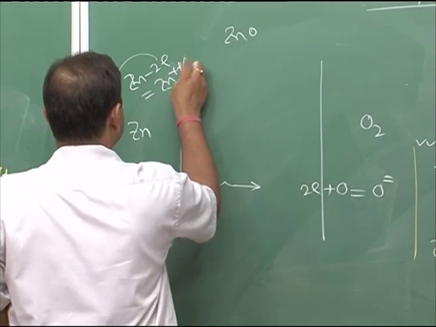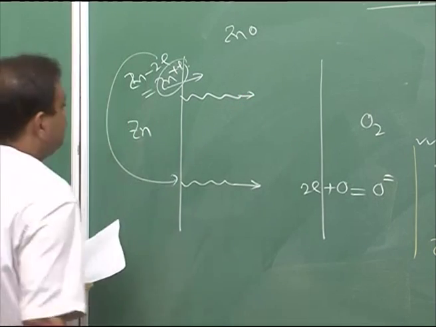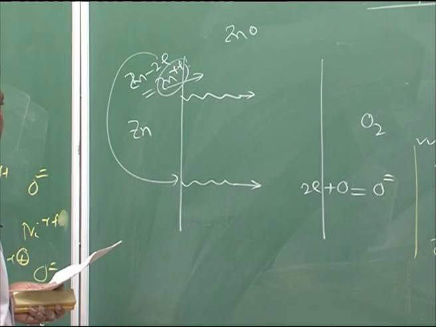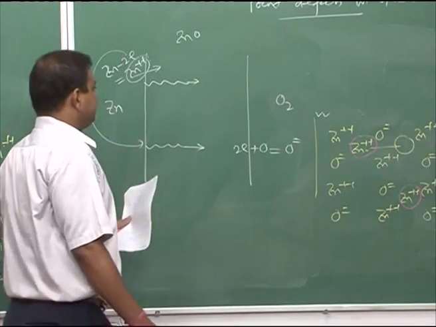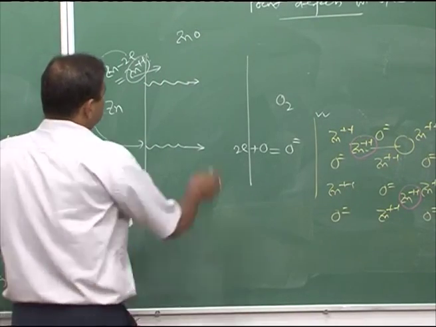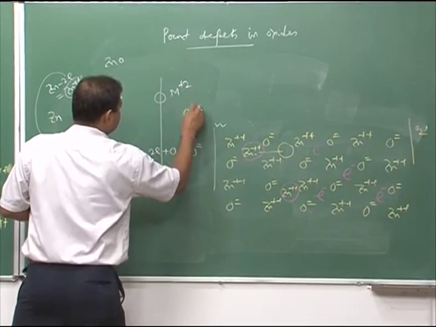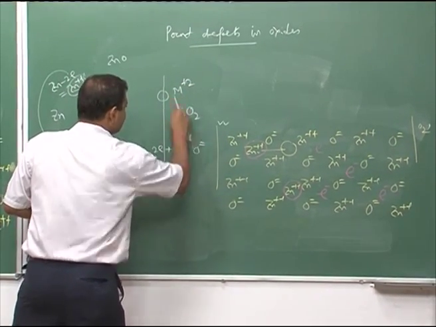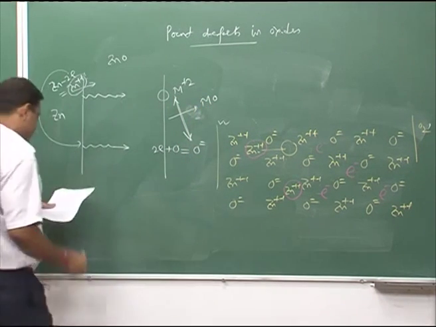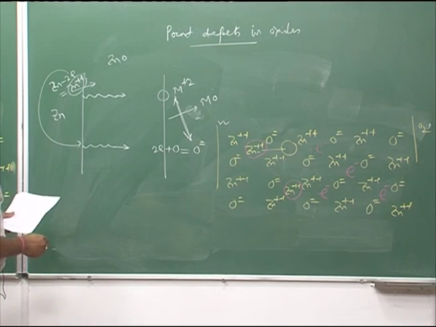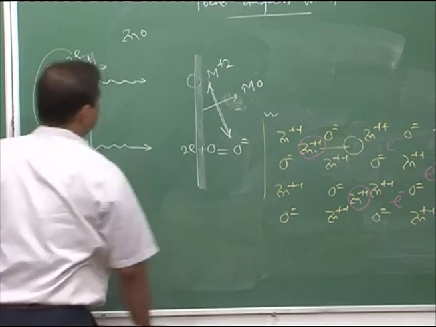This metal cation will again diffuse through the metal oxide layer by the mechanism of interstitial diffusion, and it will reach this surface, and these 2 will react and form metal oxide. So, your oxidation growth is taking place on this surface.